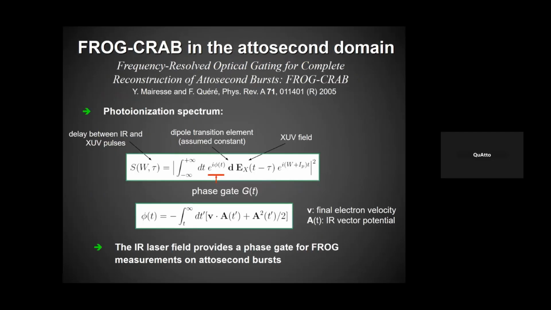One can run one of these retrieval algorithms, and one can cast the photoelectron spectrum in this form here. So we have the XUV field, this is the one we want to characterize. The gate is represented by the phase modulation introduced by the vector potential here.